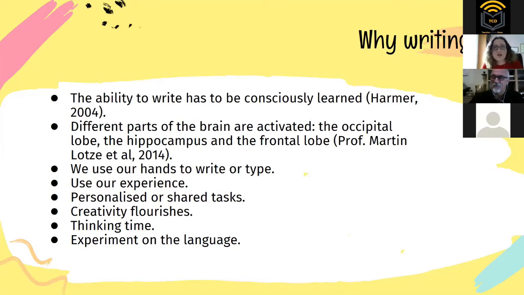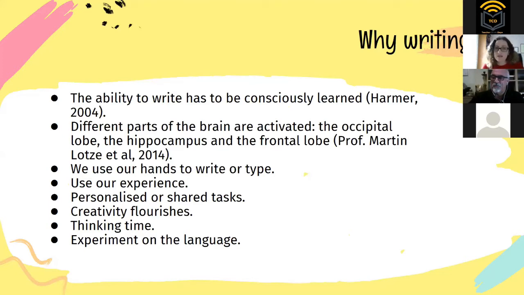And we use our experience, and perhaps we base our ideas on what we have experienced before. It is often believed that writing is a personal skill. However, I do believe that writing can be shared. This is one part of what I have just said: you can share your ideas and express yourself through writing, and communicate basically with other people through writing.